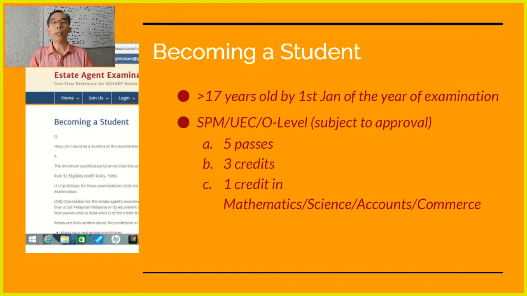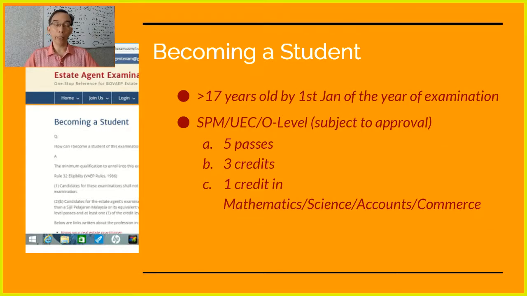The minimum requirement to be accepted as a student is SPM level with 5 passes. Within the 5 passes there have to be 3 credit passes, and one of the 3 credits needs to be in the following subjects: mathematics, science, accounts or commerce.